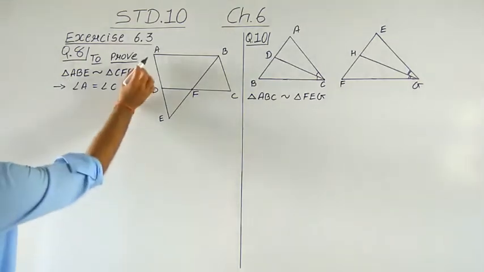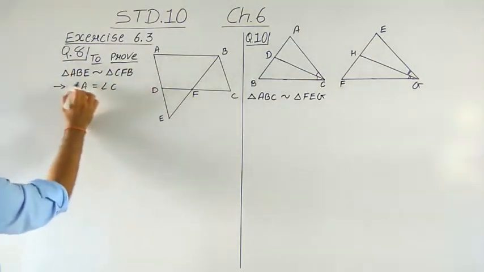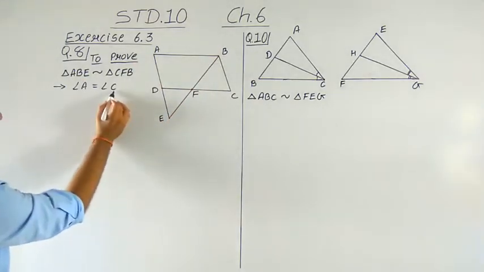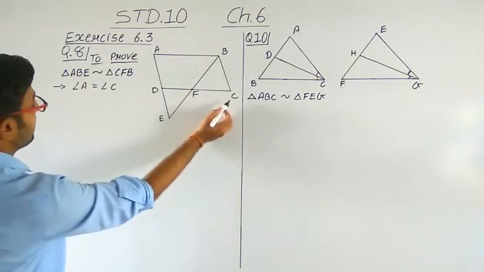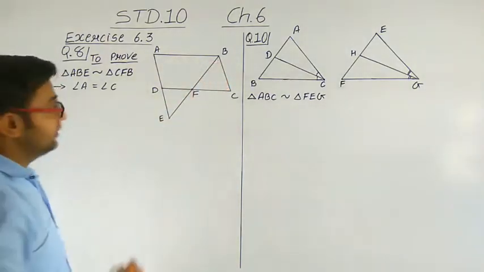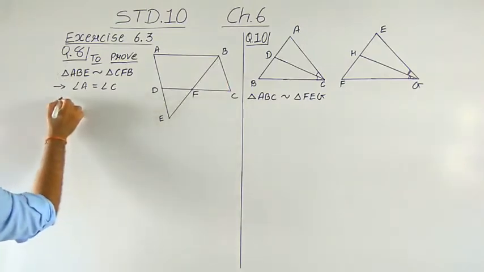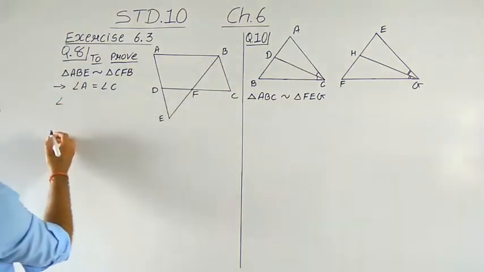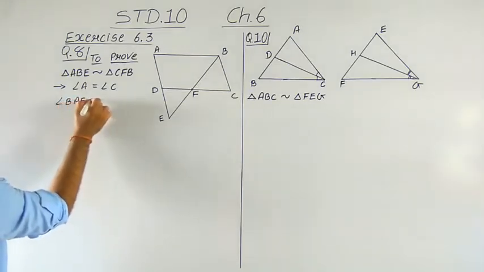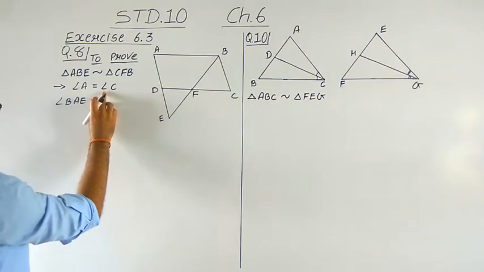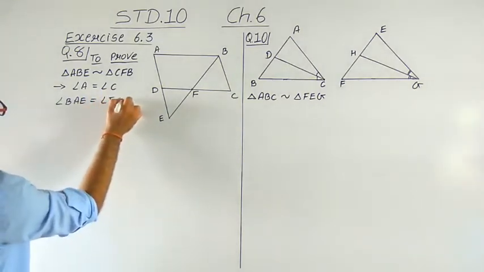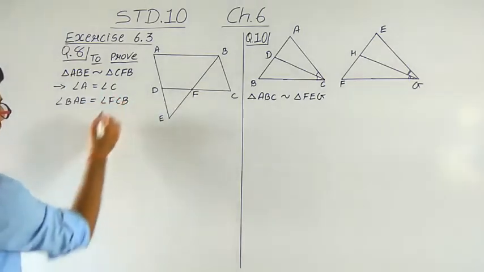Now see, angle A is included in triangle ABE, and angle C is included in triangle CFB, right? So now we can write this angle A as angle BAE, and this angle C we can write as angle FCB, right?